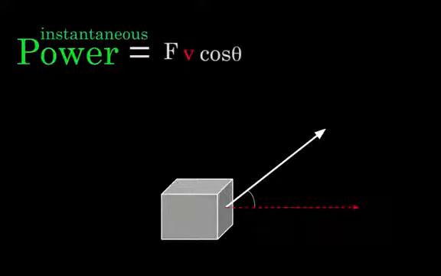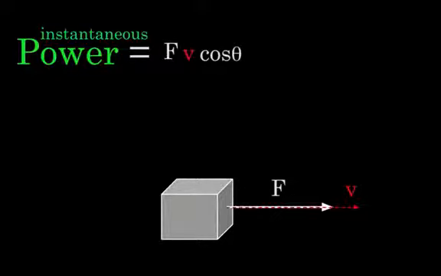Once we find the instantaneous velocity, that would give the instantaneous power, and theta is the angle between the force and the velocity. Since velocity is a vector component, we have to use the angle.